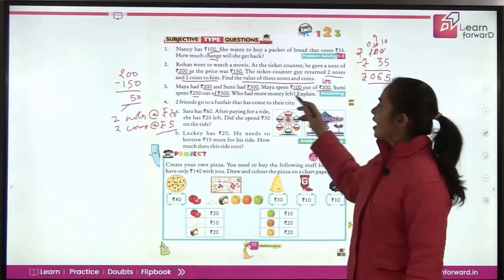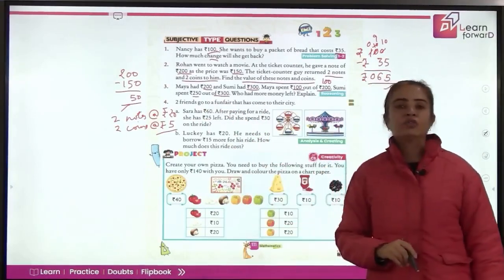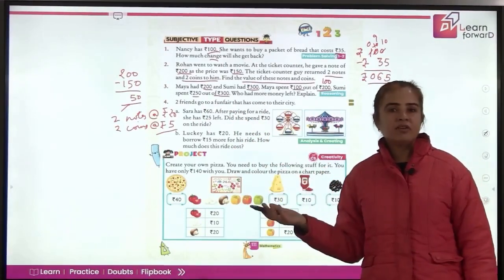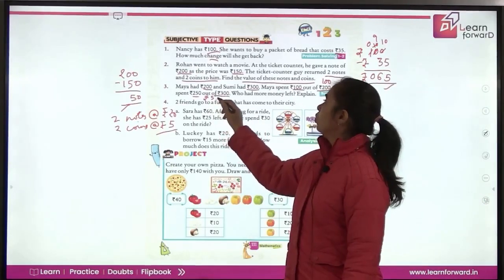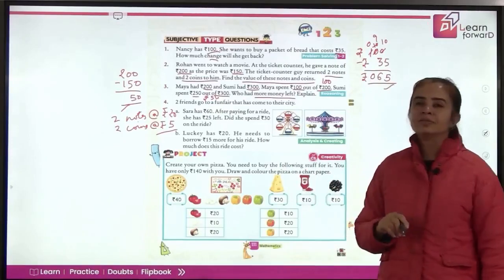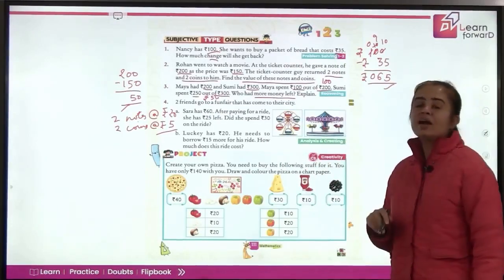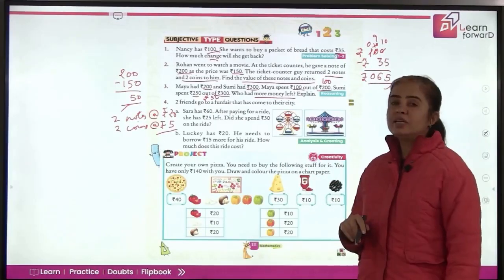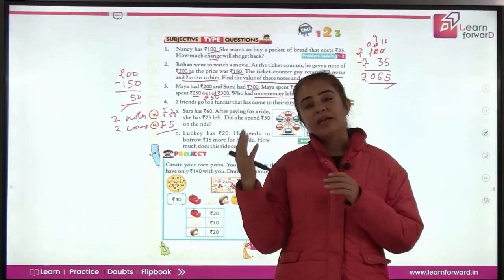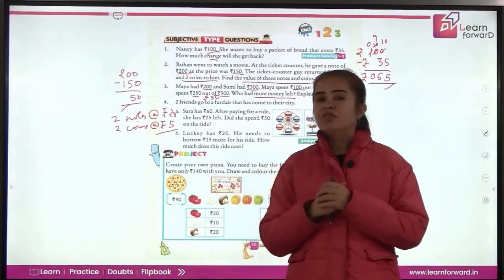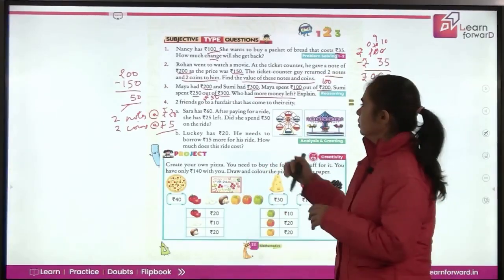Subtracted. Yes. And Sumi spent 250 out of 300. So, how much is left? Just 50 rupees. So, can you tell now who had more money left? Yes, Maya has more money left now because she spent wisely. She spent less, so now she is left with more money.